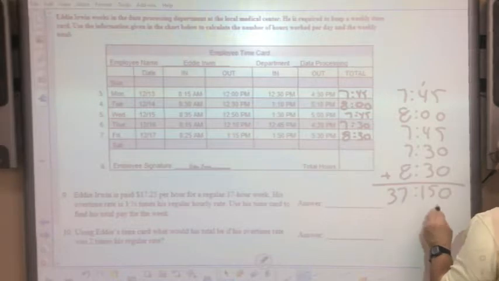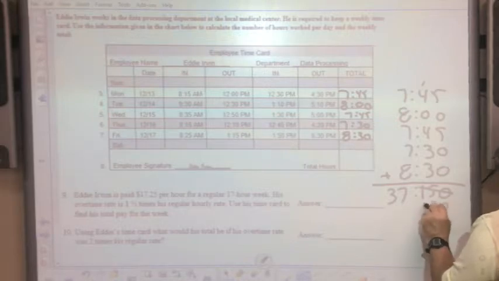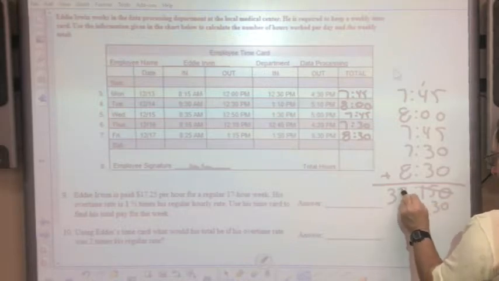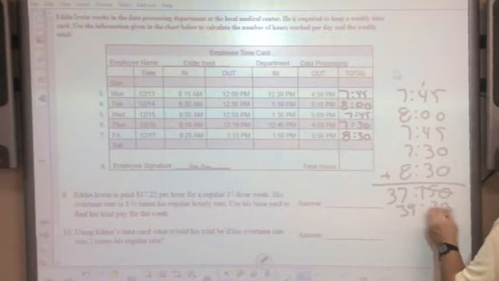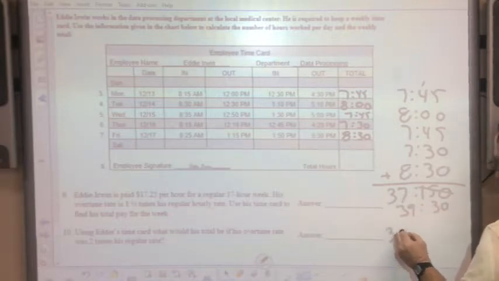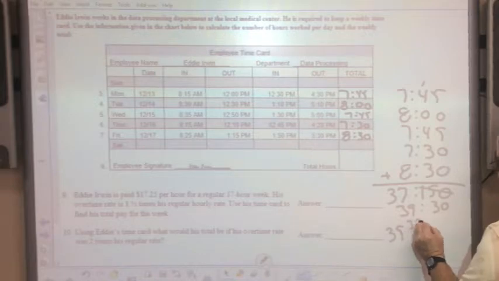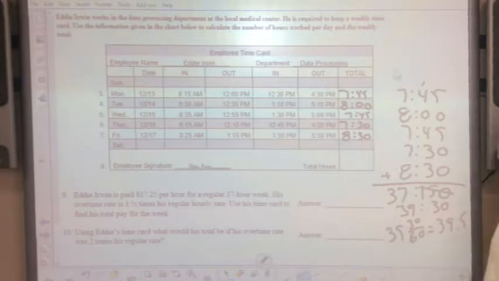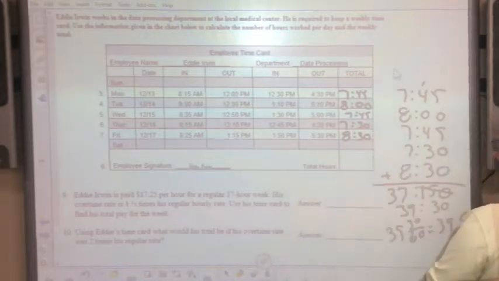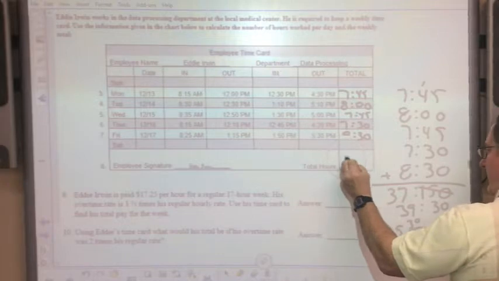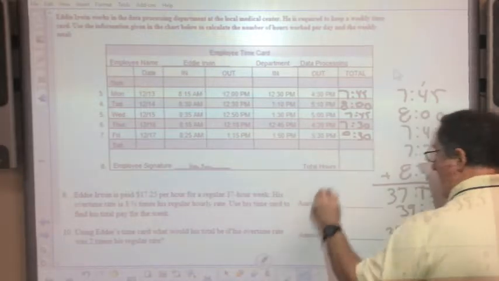Do not carry like you would on normal math. Keep it on the right of the colon. Add up all the hours. Now, how many 60-minute periods go into 150? Well, 2. So 150 minus 120 gives you 30 left over. Carry that 2 over. So your total time for the week is 39:30. 30, remember, is half an hour. It's 30/60ths of an hour, or half an hour.